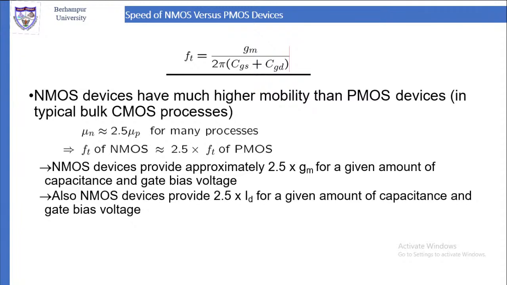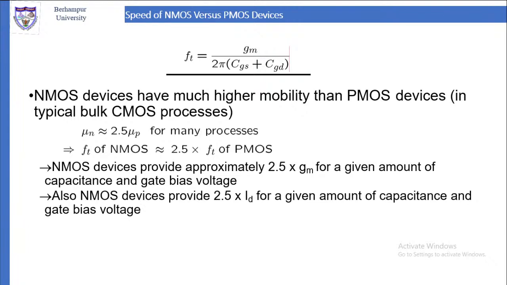Now comes the speed of NMOS transistors and PMOS transistors, N-type MOS transistor and P-type MOS transistor. What is the speed of them? Now Ft is equal to Gm by 2 pi into Cgs plus Cgd. This is the expression that you should remember. NMOS devices have much higher mobility than PMOS devices.